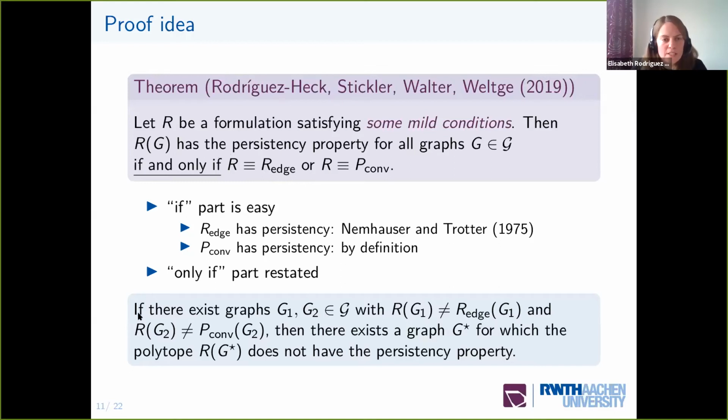To restate the only if part a little more clearly: if R is not equivalent to the H formulation or to the convex hull, this means that there exist graphs G1 and G2 such that the polytope R of G1 is not equal to the H relaxation on G1, and the polytope R of G2 is not equal to the stable set polytope on G2. We prove that if this holds, then there exists a graph G star for which R of G star does not have the persistency property.